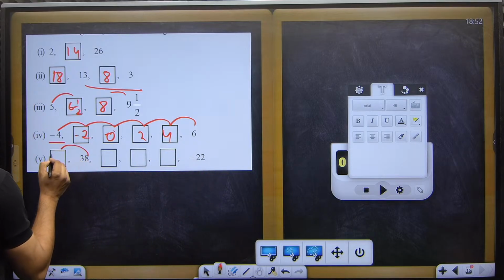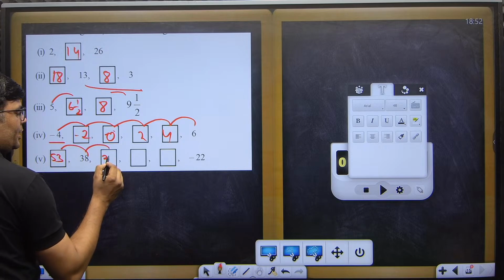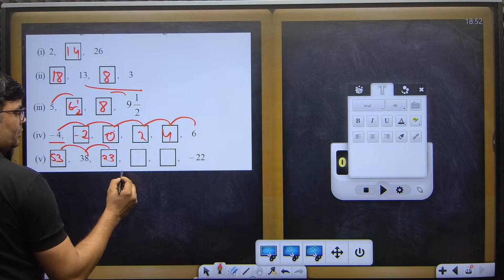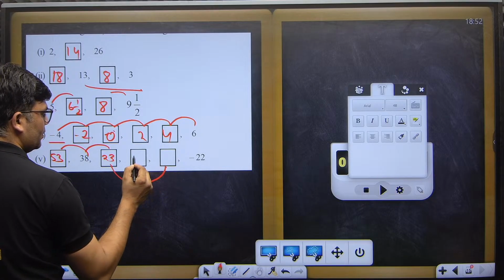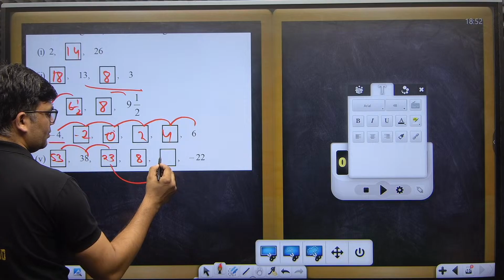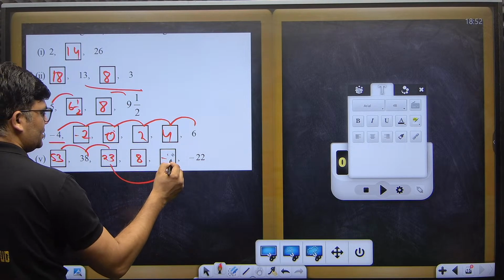So you will add 15 backward, so it is going to be 53. Forward you will subtract, so it is going to be 23. Then 30 gap, so it will be minus 7. Okay, sorry.